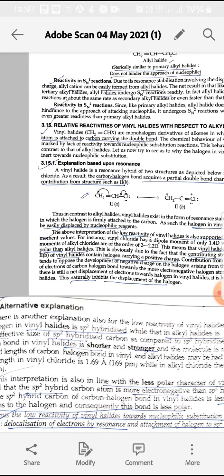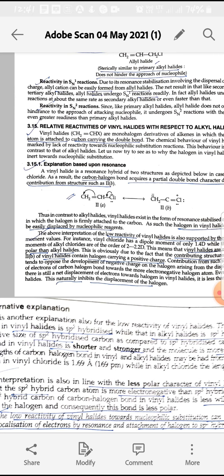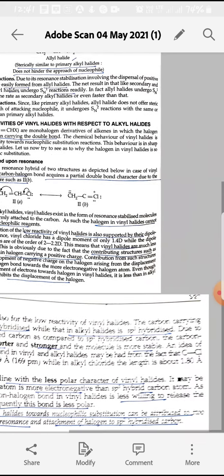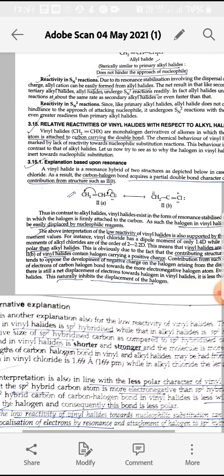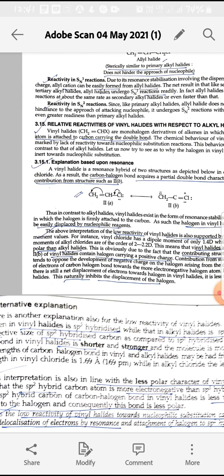And another explanation is that in a vinyl halide the carbon is sp2 hybridized, whereas in alkyl halides it is sp3 hybridized. The effective size of sp2 is smaller than sp3, and the s character will be more in sp2 than sp3.